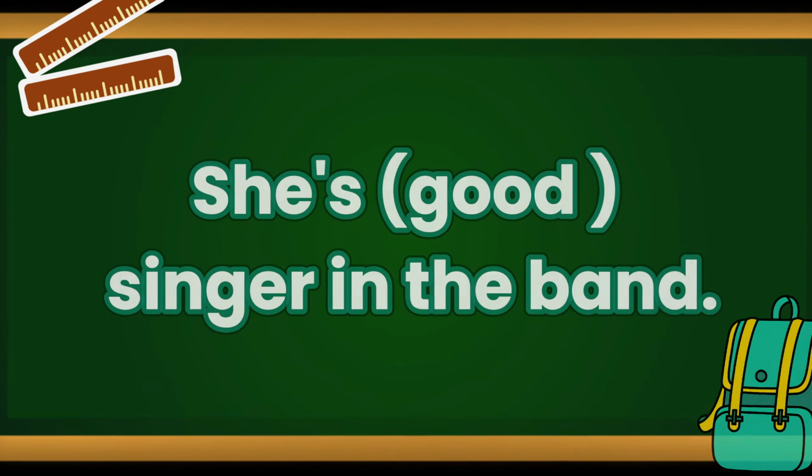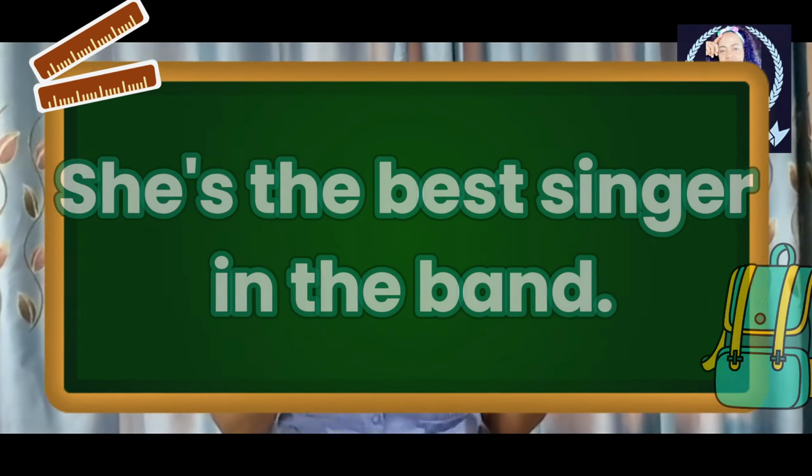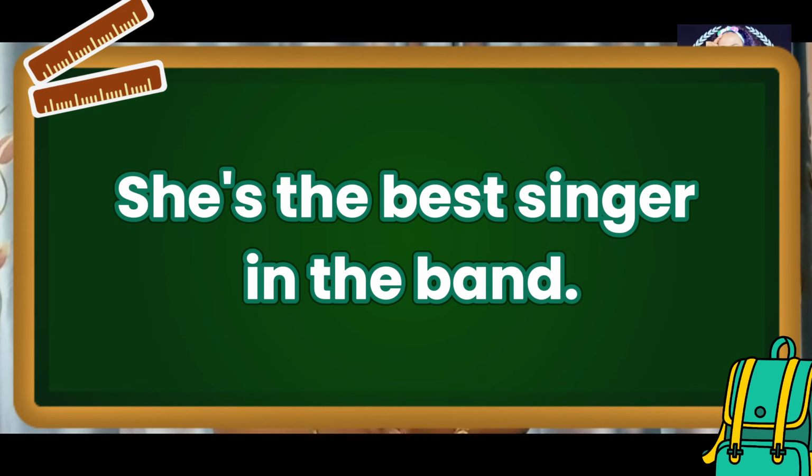Let's practice. I will say a sentence and you think of the correct answer. You can still drop the correct answer in the comment section. Okay. She is good singer in the band. What's the correct sentence? Okay. She is the best singer in the band.